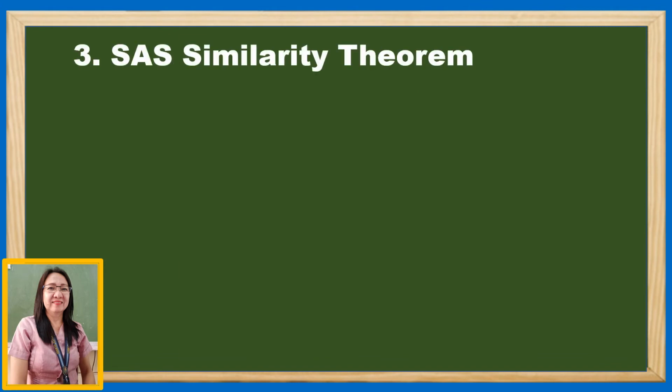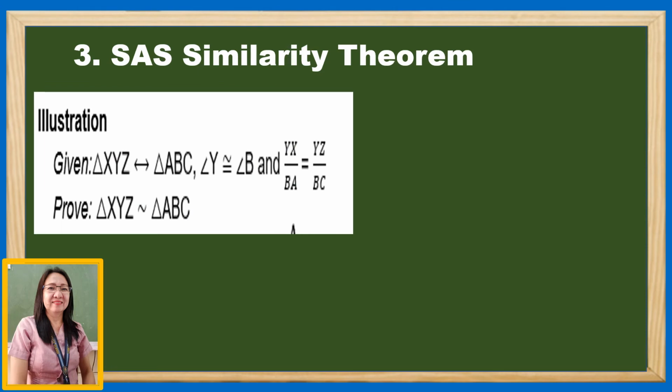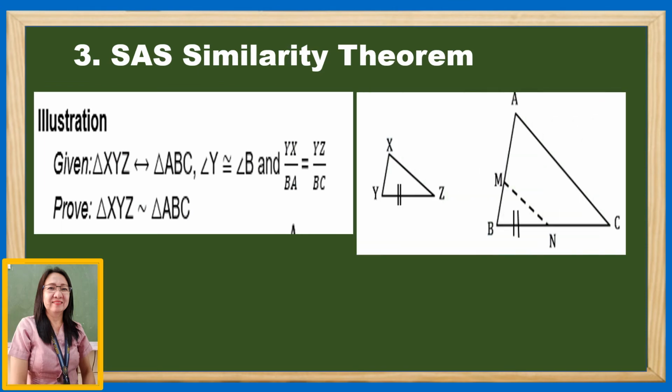Now let us have the proof. So we have this illustration. Our given is triangle XYZ that corresponds to triangle ABC, where angle Y is congruent to angle B. And we have YX is to BA is equal to YZ is to BC.